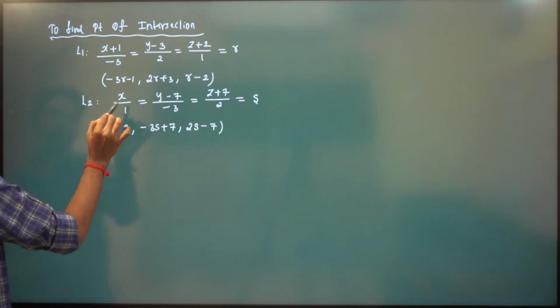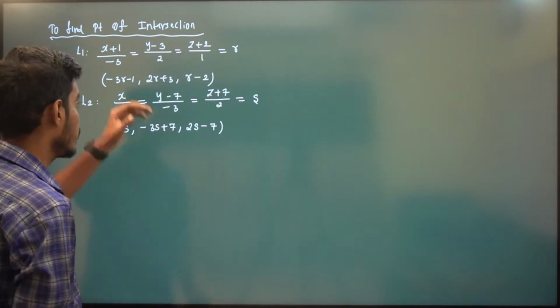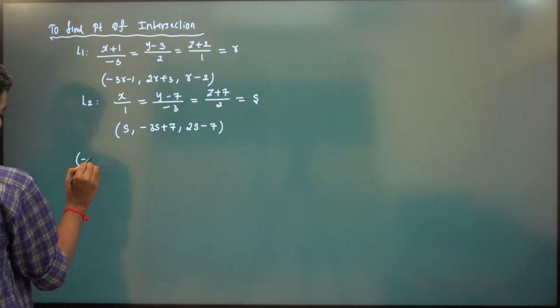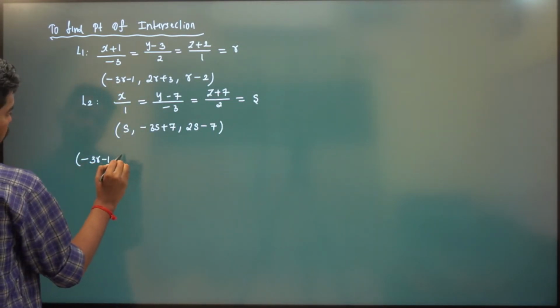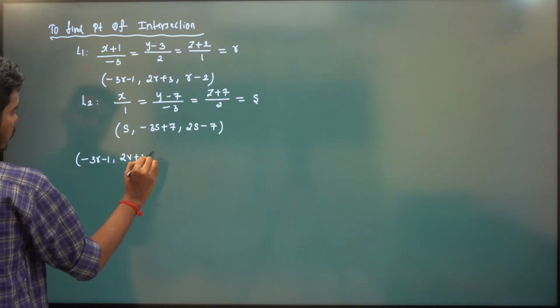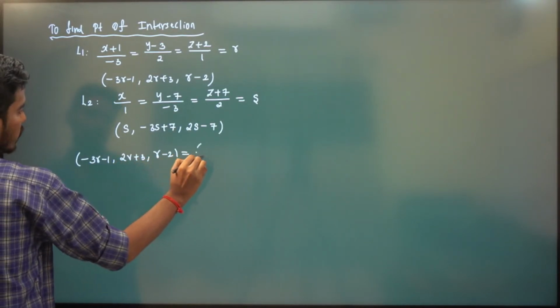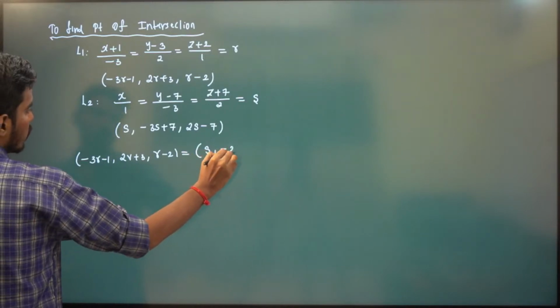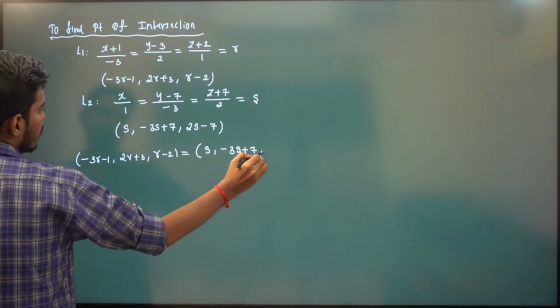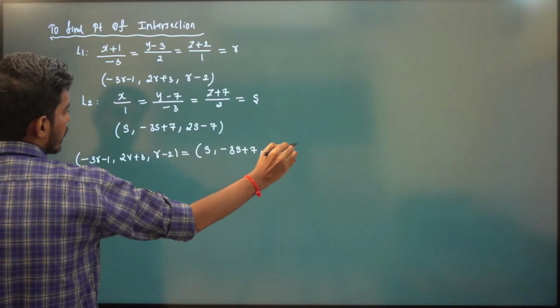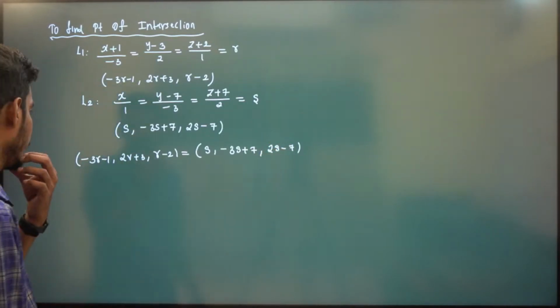Now to find the point of intersection, these two coordinates have to be the same. So I'm just equating this: minus 3r minus 1, 2r plus 3, r minus 2 is equal to s, minus 3s plus 7, 2s minus 7, right? Just have to solve this.